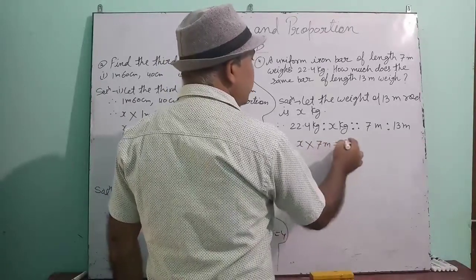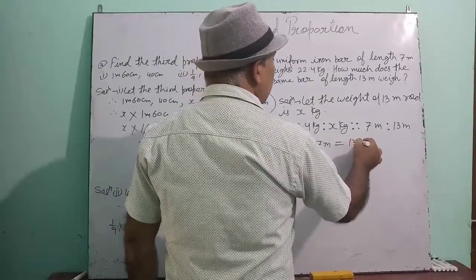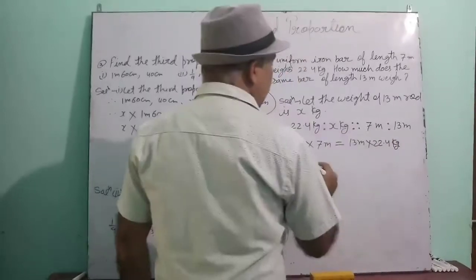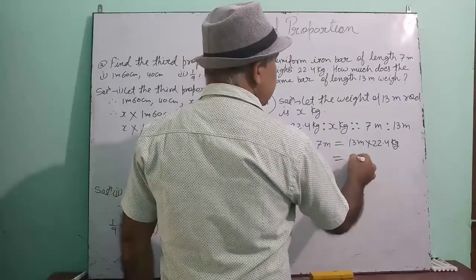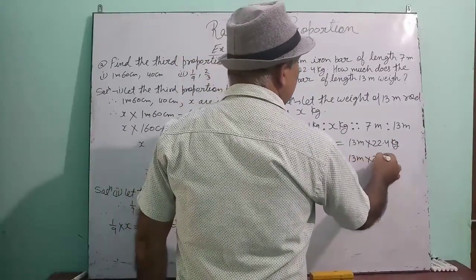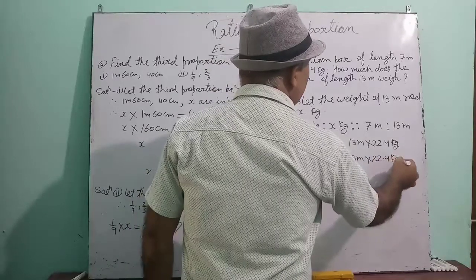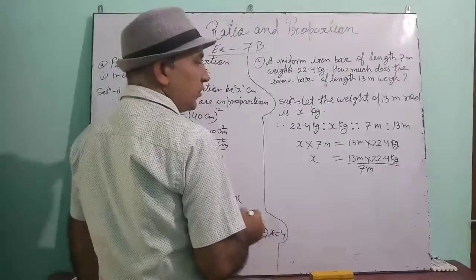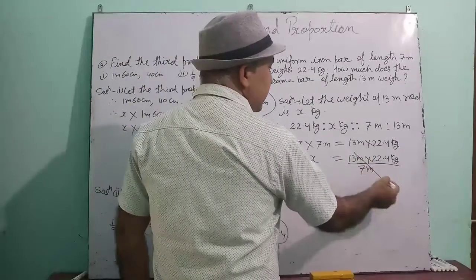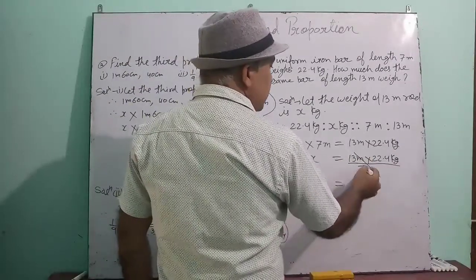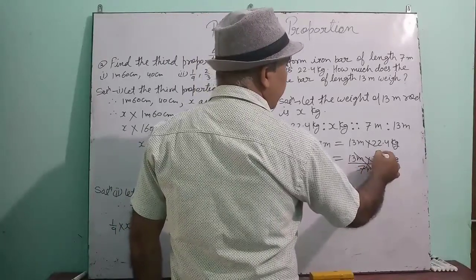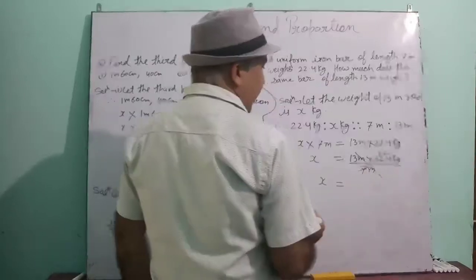x into 7 meter is equal to 13 meter into 22.4 kg. So x is equal to this one. Okay. Now both the meters are cancelling each other. 7 can divide 22.4 by 3.2 times.